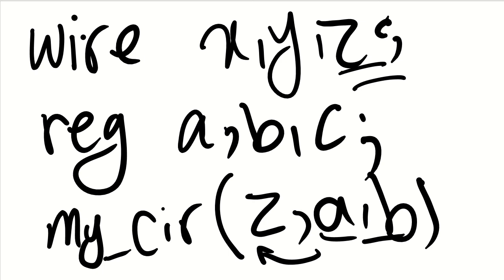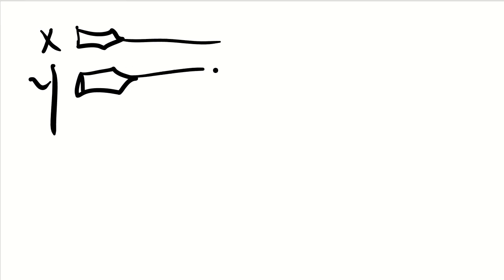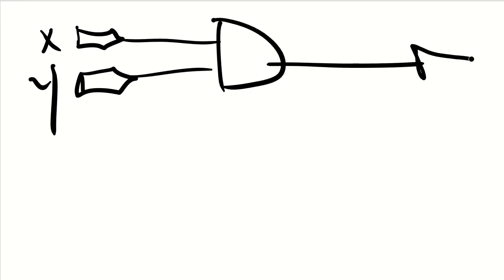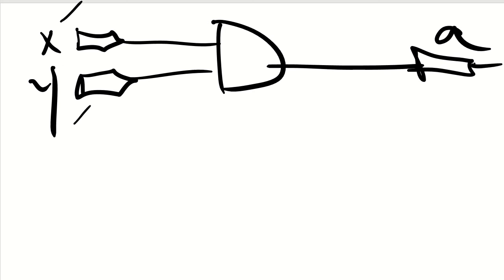For example, if I have a circuit like this, with inputs X and Y that go to an AND gate and then to A, and you want to connect it to something, then you can define your X and Y as your input and A as your output.